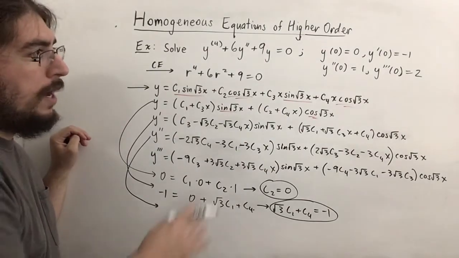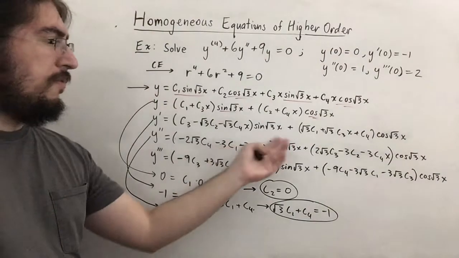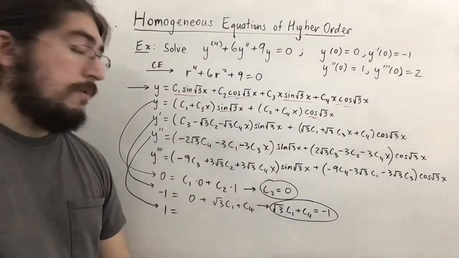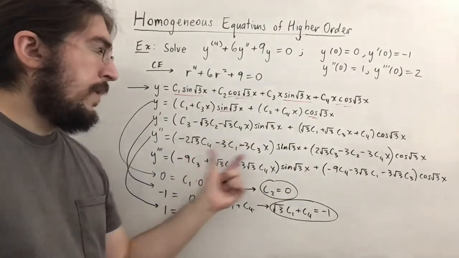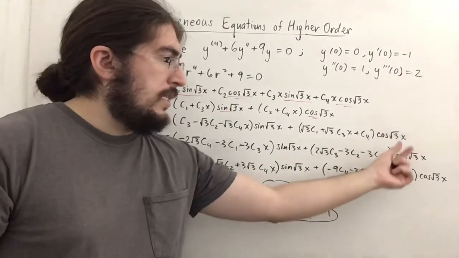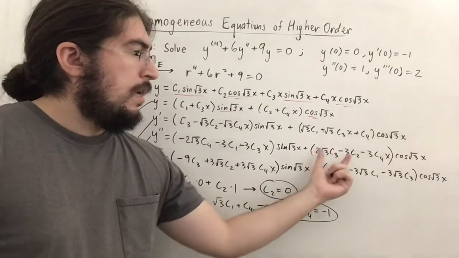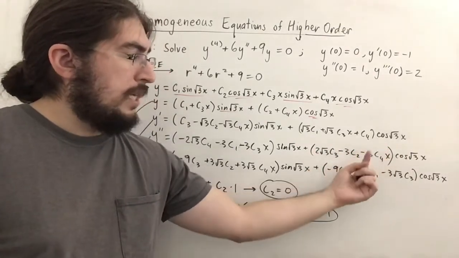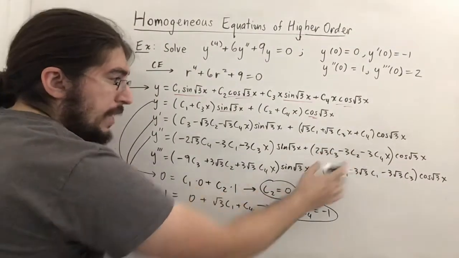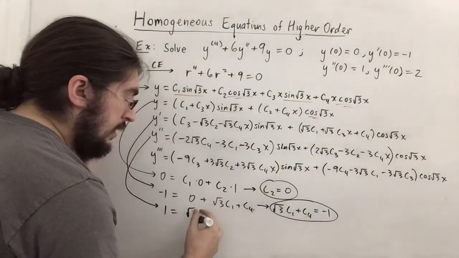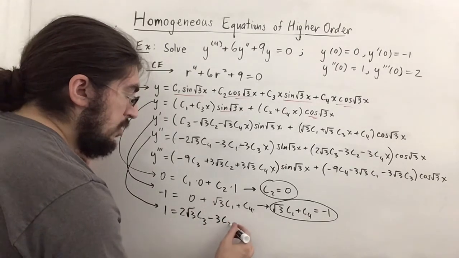Now for y double prime, that's 1 when x is 0. Notice we can already tell that the first thing ends up being 0, because it's all multiplied by sine of 0, which is 0. Since cosine of 0 is 1, what we end up getting is all of this without the x term, because when x is 0, that x term is 0. So I get just that by itself, which is 2 radical 3 c3 minus 3 c2.